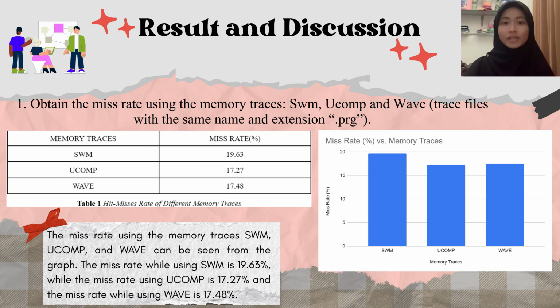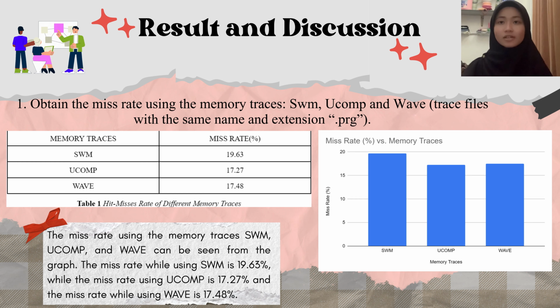Moving on to the results and discussion section, we have 3 tasks, and the first task is to obtain the miss rate using the memory traces SWM, UCOM, and WAVE. These traces were extracted from their respective .prg files and show how efficiently the system handles memory requests under different workloads. Based on Table 1 and the bar chart shown, we can see clear differences in performance.